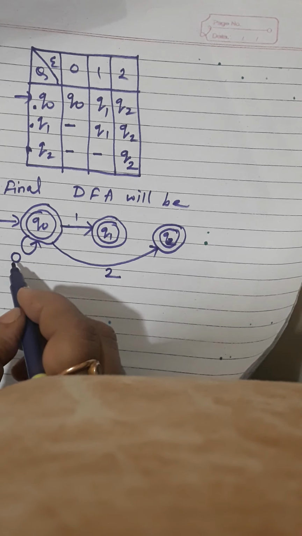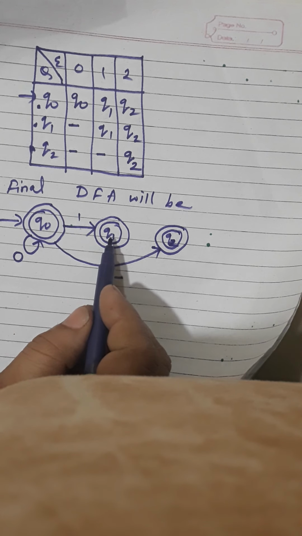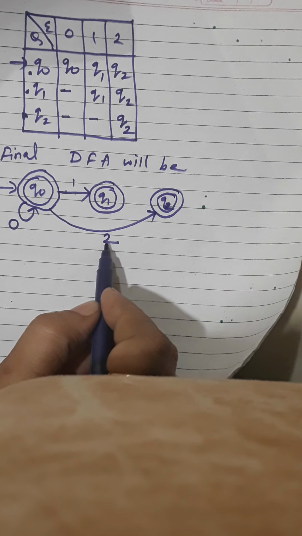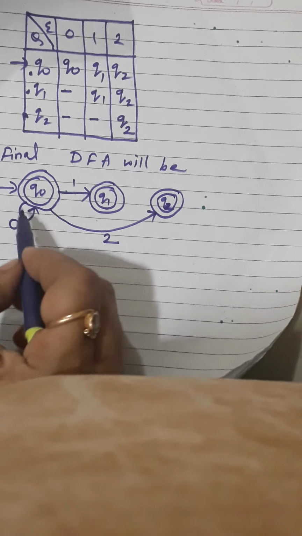So Q0 on 0 moves to a single state, Q0 on 1 moves to a single state, then Q0 on 2 input moves to a single state. Turn of Q0 is over.